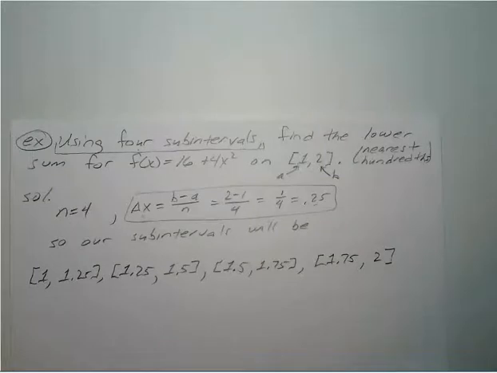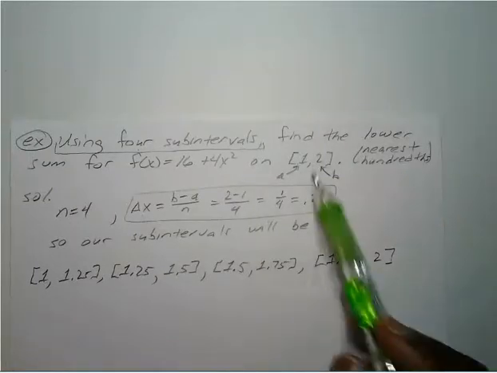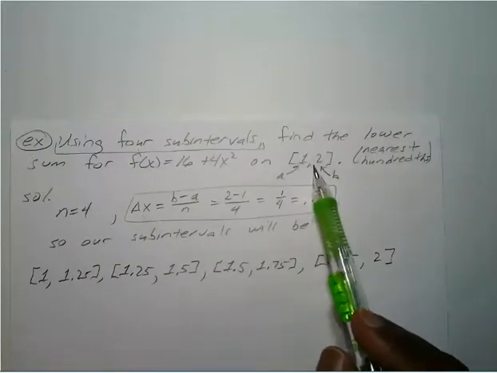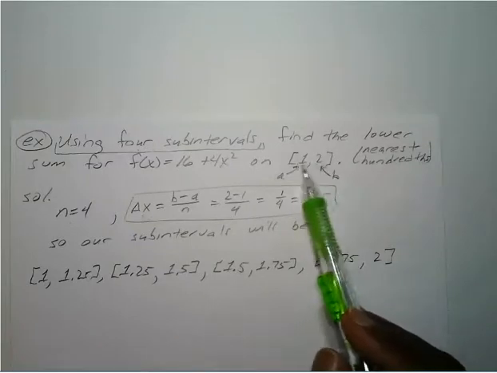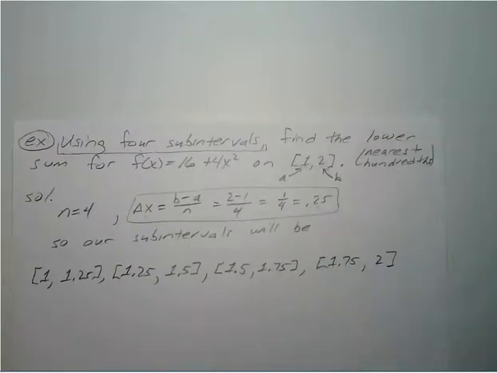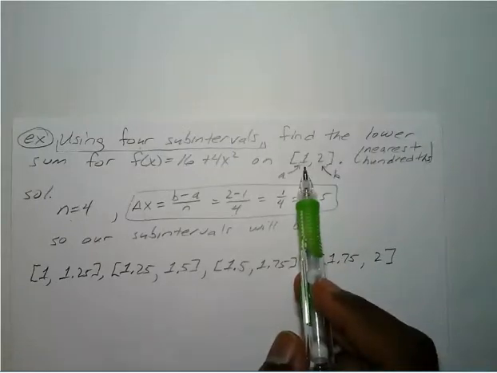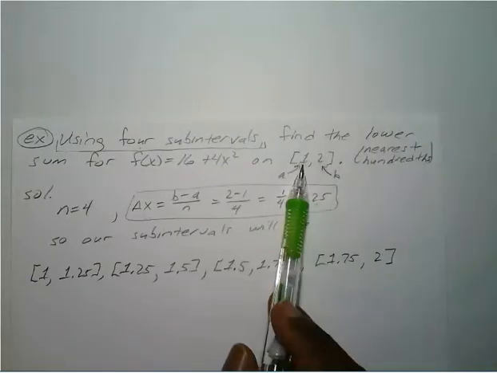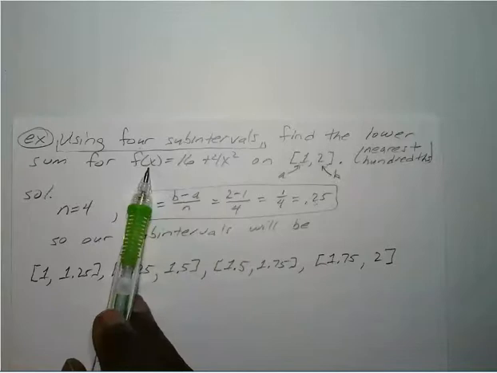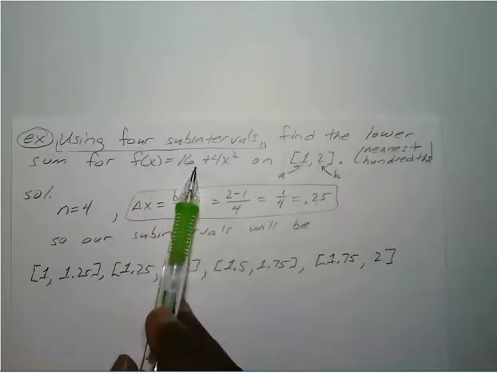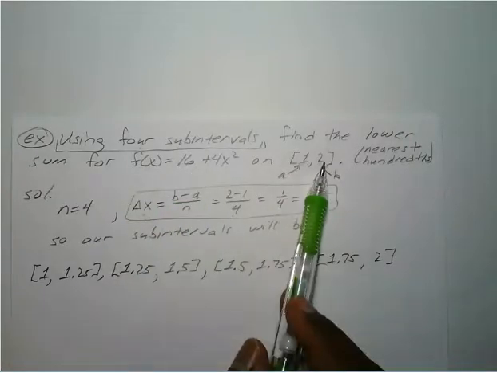All right. So now what do we do? Well, we have to find out whether the function increases or decreases on this interval. We can see here that it increases, because if you plug in x equals 1 and x equals 2, you notice that x equals 2 gives a larger value.